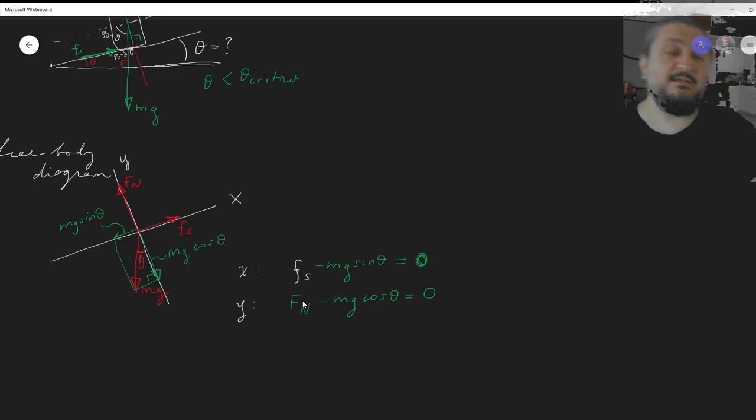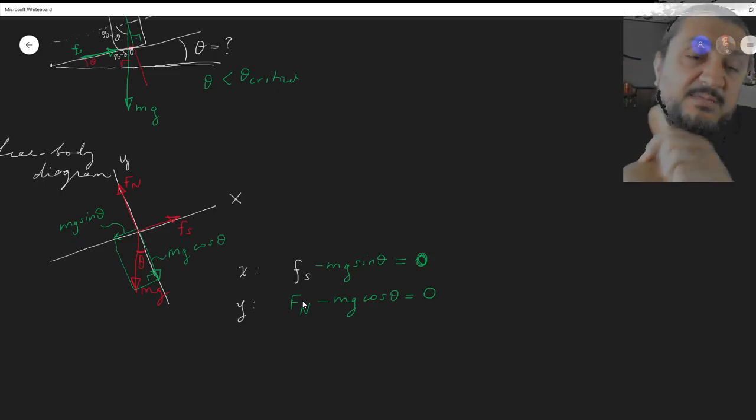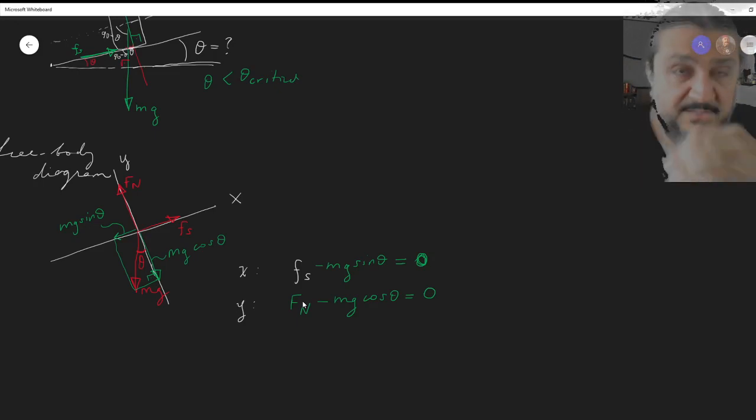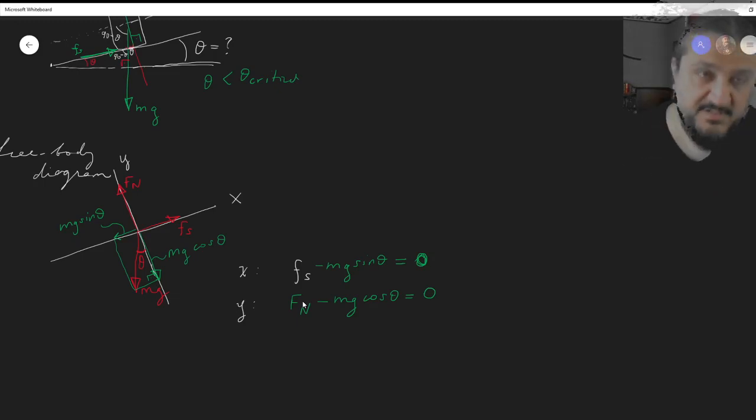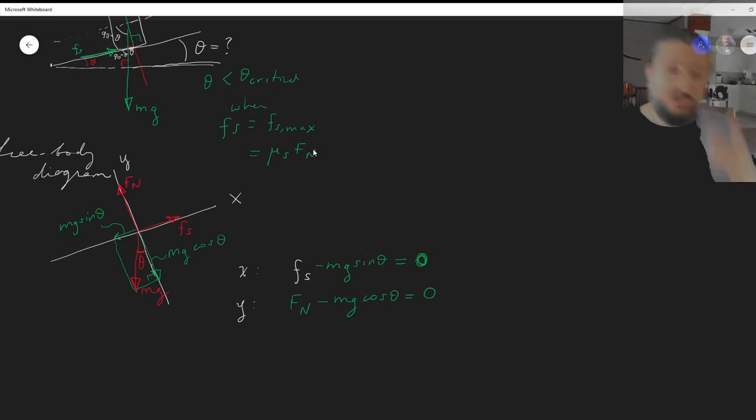But only when we're at the critical angle, the maximum static friction force, that value is equal to mu s times the normal force. So only when Fs is equal to Fs max, when you reach that value, is it equal to mu s times Fn. And that's indeed what we're trying to find.